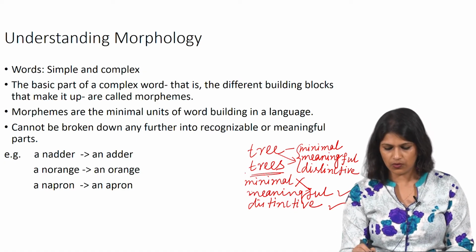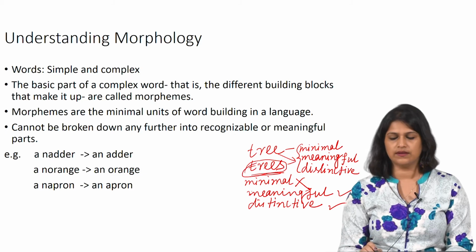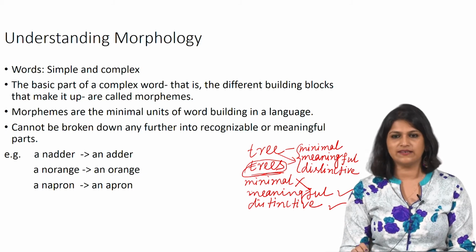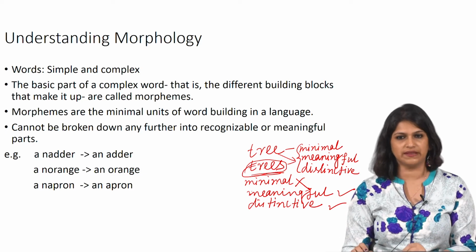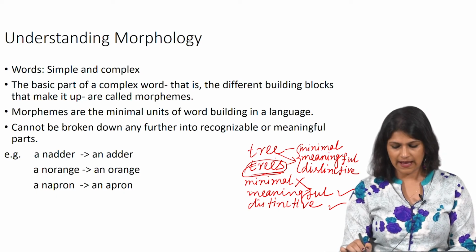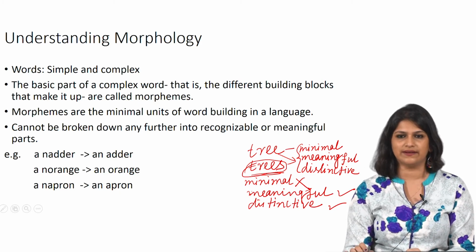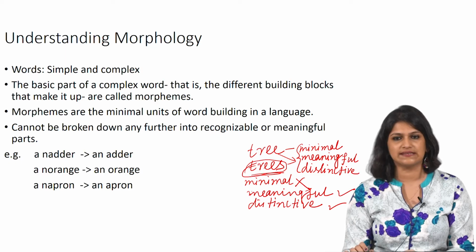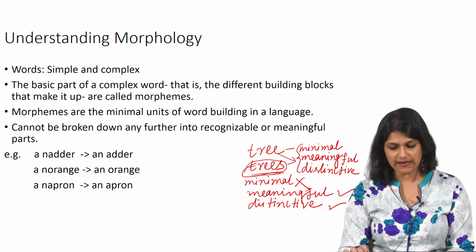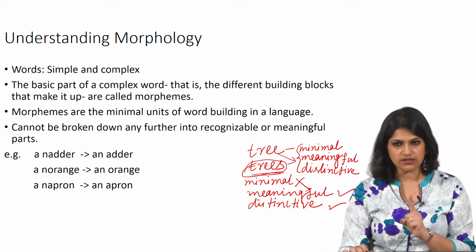Trees as a whole, like the entire word, does not qualify to be a morpheme in that sense, because it has to be broken into some more parts to recognize the morphemic status of it. So, this is definitely a word, but this is just not one morpheme.